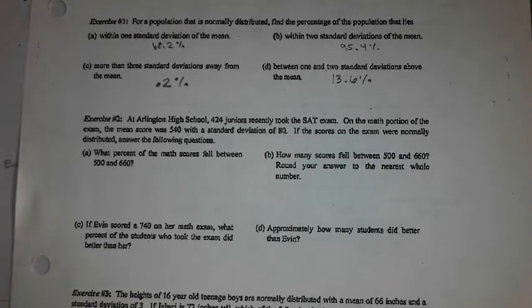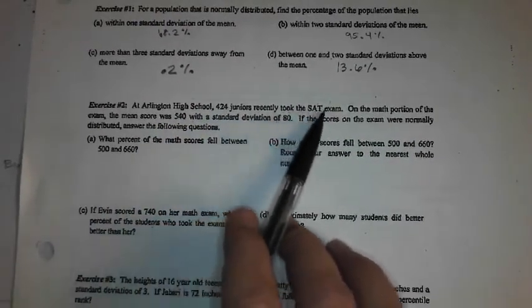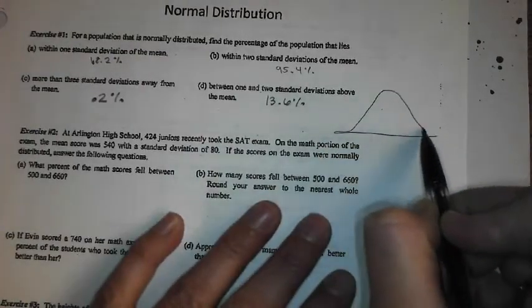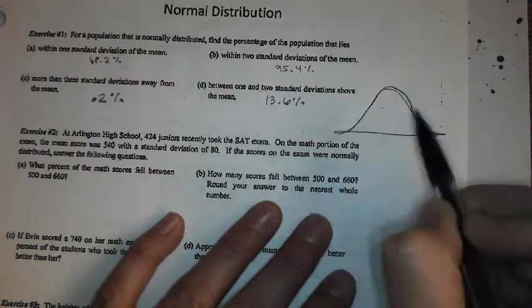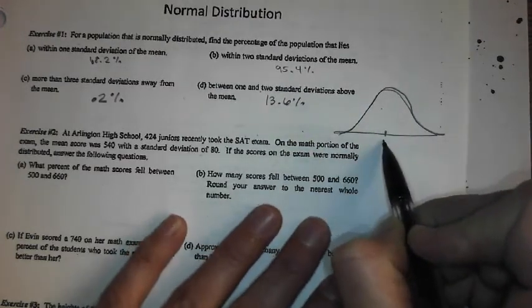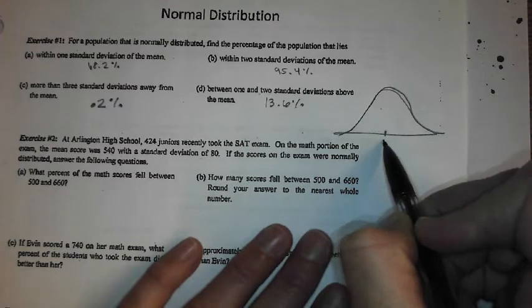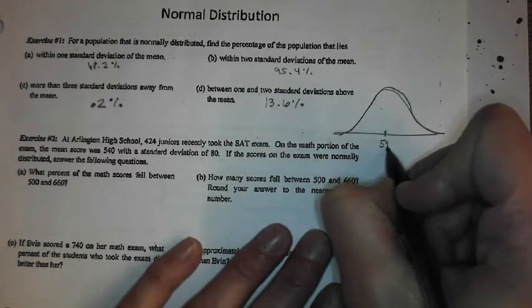Okay. At Arlington High School, 424 juniors recently took the SAT exam. On the math portion, the mean was 540 with a standard deviation of 80. So what I always say to do here is kind of get your graph started. What number goes in the middle, Cameron? What am I going to label this? 540.